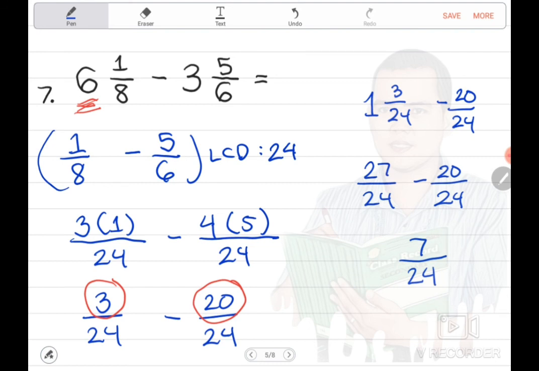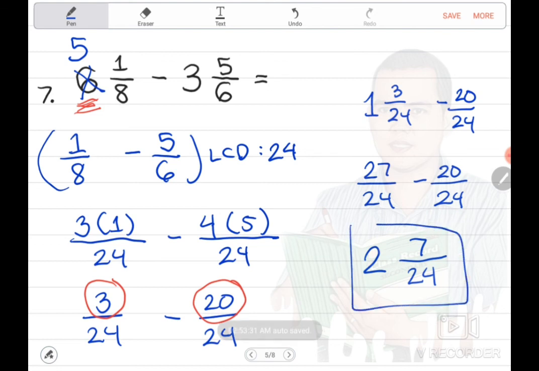So 6 here will become 5 because we borrowed 1. So the whole number 5 minus 3, that is 2. So the difference of 6 and 1 over 8 minus 3 and 5 over 6 is 2 and 7 over 24. So that's how we are going to perform subtraction of mixed fractions.